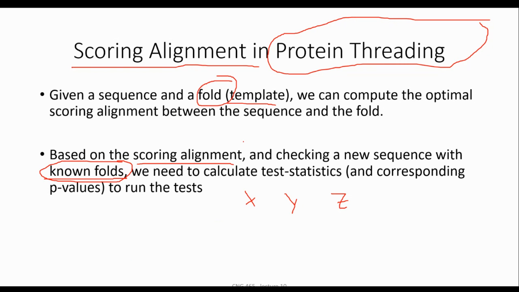Now, assume that you find the scoring alignment by a specific algorithm. Then we need to calculate test statistics and the corresponding p-values related to them. We talked about it in the statistical significance lecture. We don't go through that much detail because in another course, statistics, we are talking about it. So we are evaluating you on finding test statistics, p-values, and everything inside the statistics course.